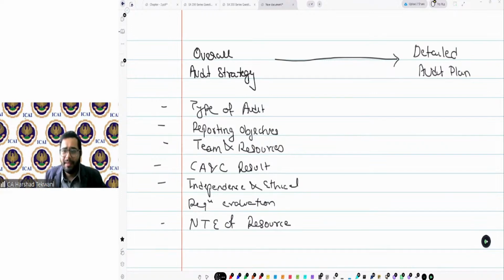So these are certain things that are part of your overall audit strategy. And this helps me to prepare the detailed audit plan.